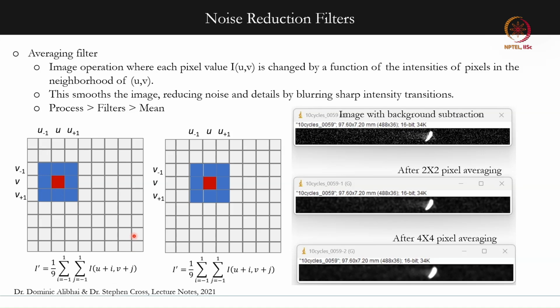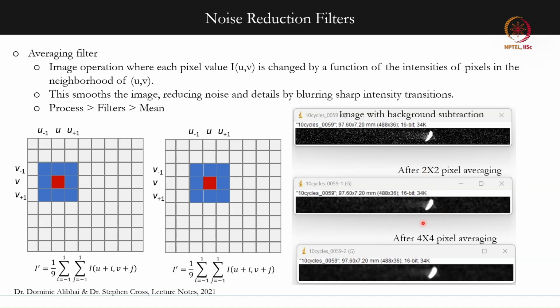Then the sliding window moves to the next location and traverses all the pixels in that image, changing the pixel intensity for all of them, and it generates a new image. That is what happened here. This was the original image with the background subtracted. After a 2x2 pixel averaging, this is the flame image that we end up with.